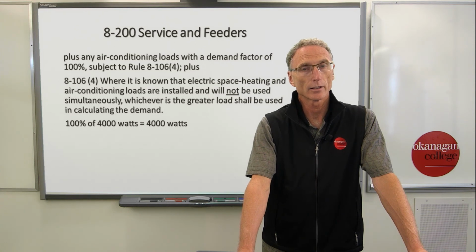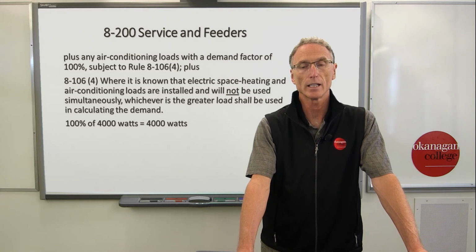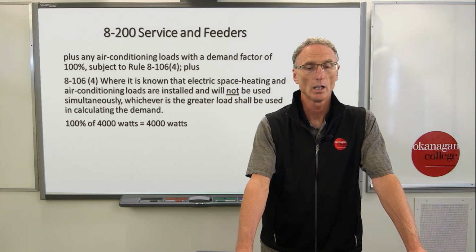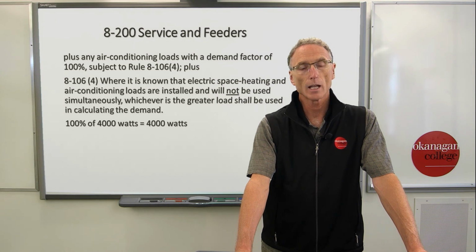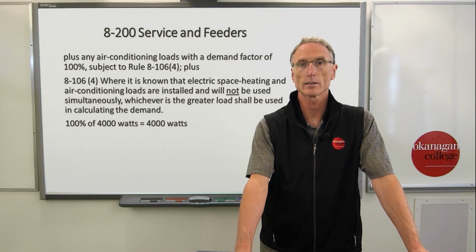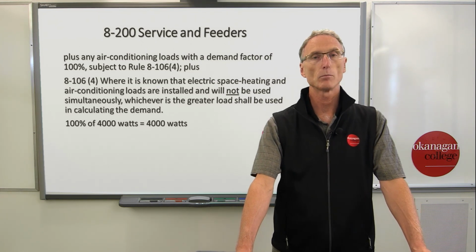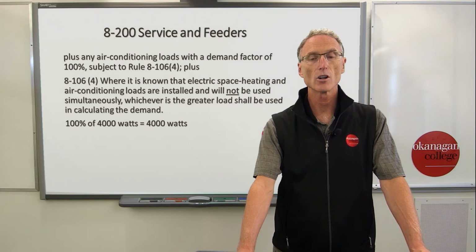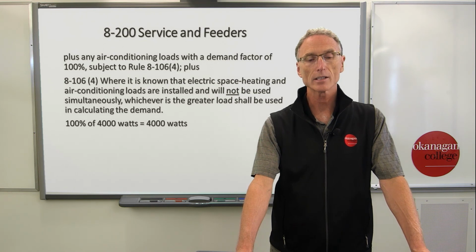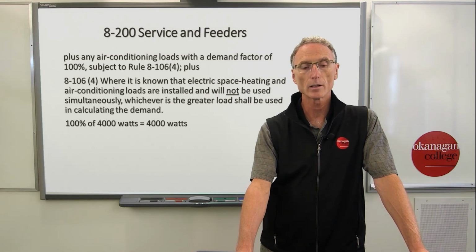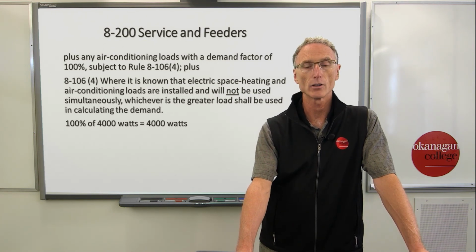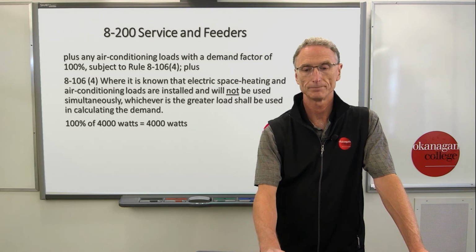The electrical thermostat for the heating says it's cold in here, and it's on full blast. The air conditioning unit says it's hot in here, I want to put some cool air in here. And of course, you could have both of them at the same time. So if they are not interlocked, you have to take, at that point, 100% of the air conditioning, just in case they're on at the same time.